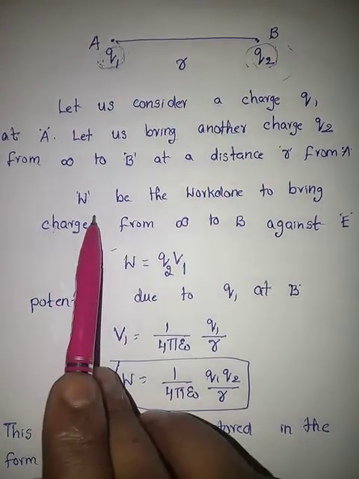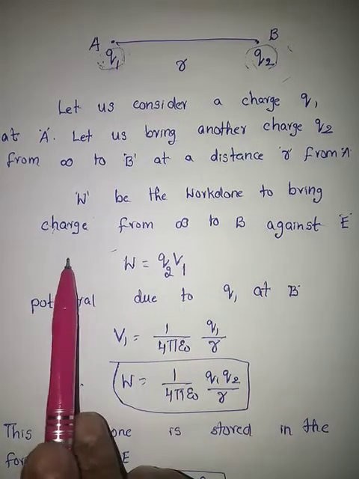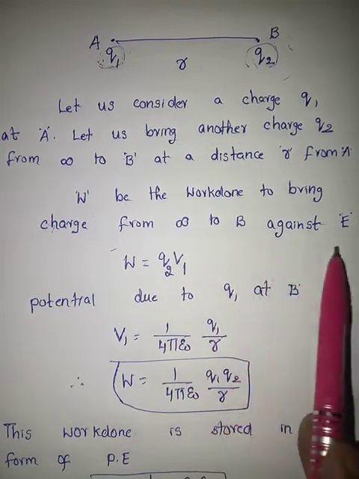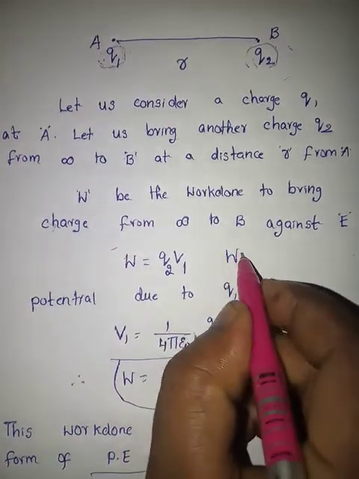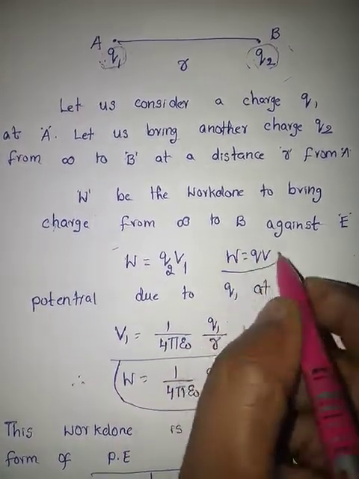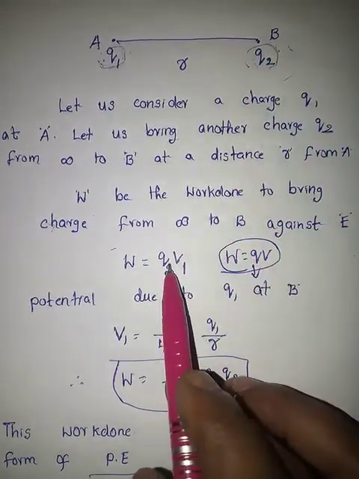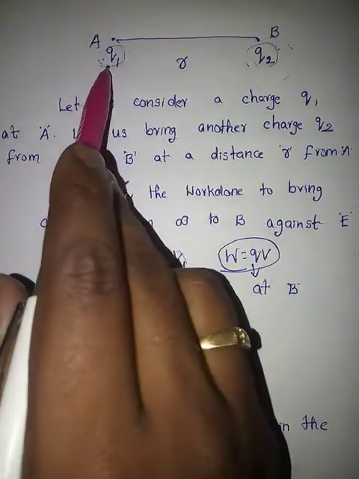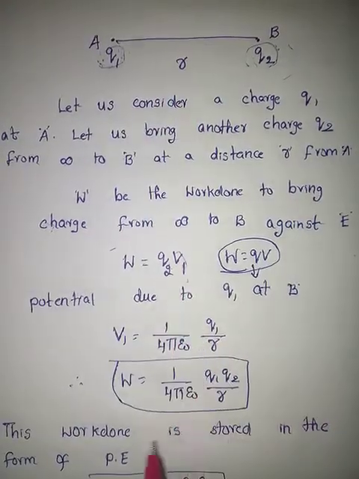So W is the work done to bring the charge from infinity to B against the electric field. Work done is generally written as Q into V. What is the charge we are going to bring here? Q2. And the potential present at this point due to Q1 is V1.